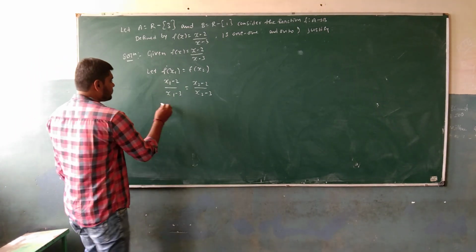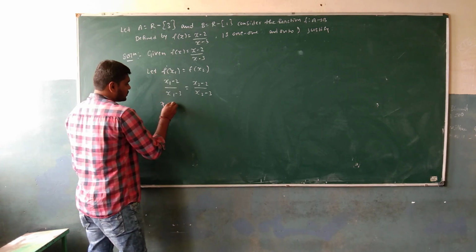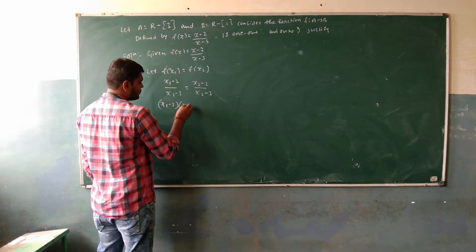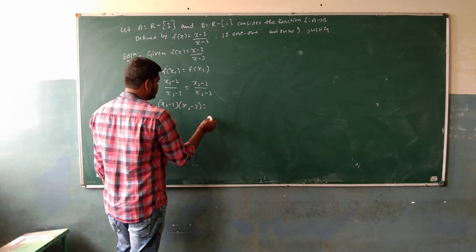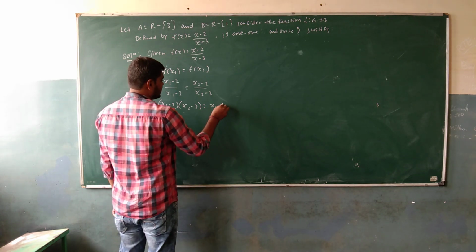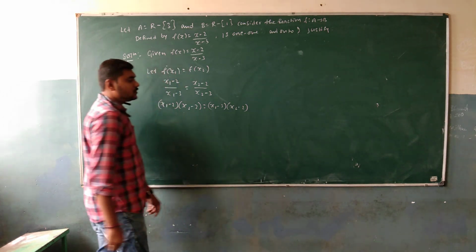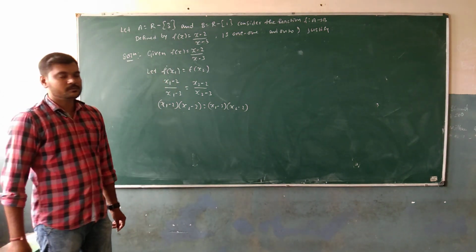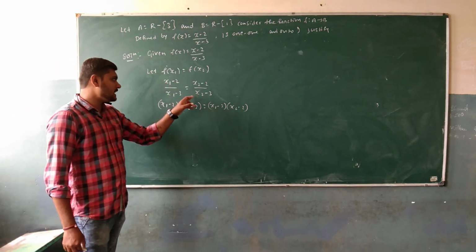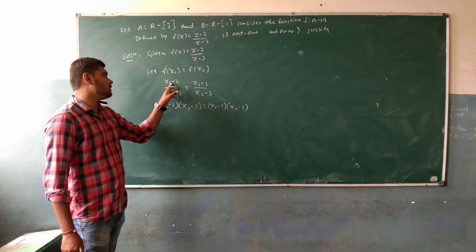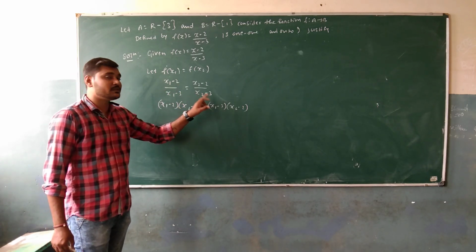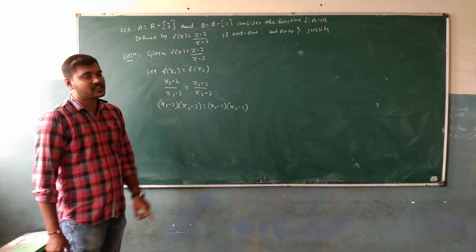So it's going to be (x1 minus 2) into (x2 minus 3) is equal to (x1 minus 3) into (x2 minus 2), because to verify x1 is equal to x2, I am taking the cross multiplication here.